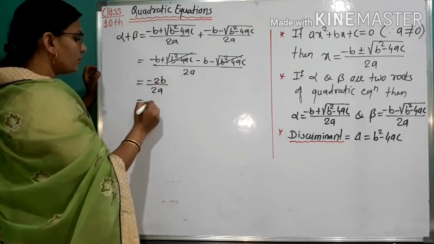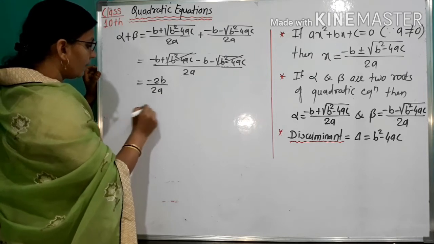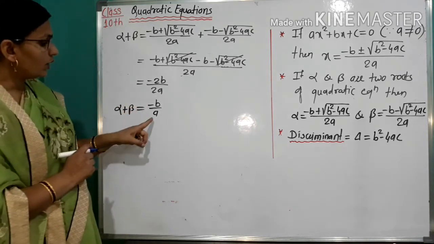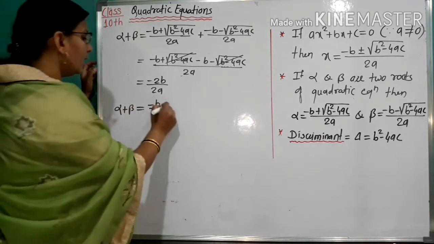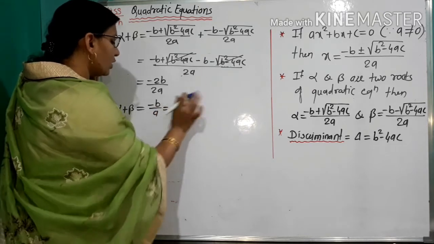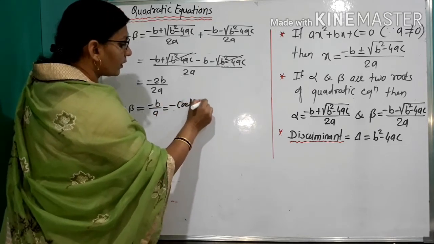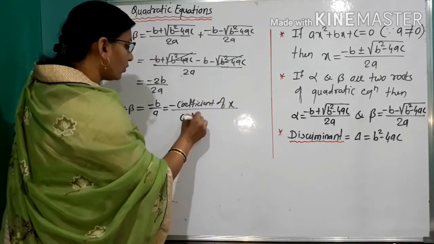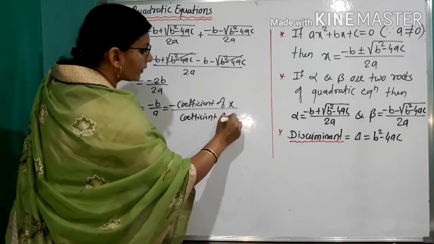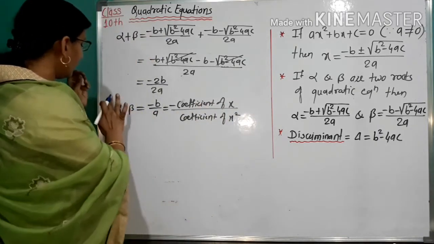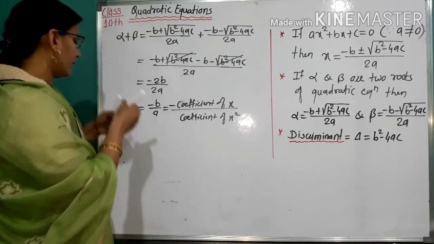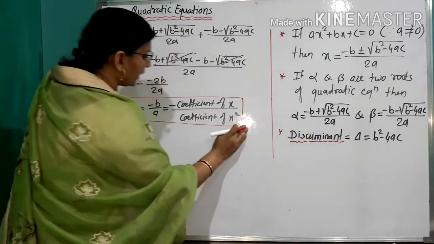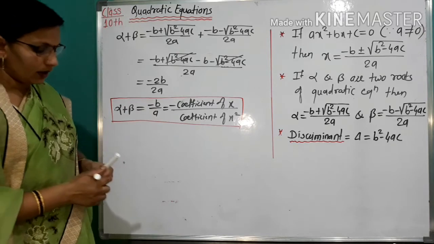Value of it is minus b upon a, that is alpha plus beta equal to minus b upon a, that is minus coefficient of x divided by coefficient of x square. This is the relation between roots and coefficient, that is alpha plus beta equal to minus b upon a.